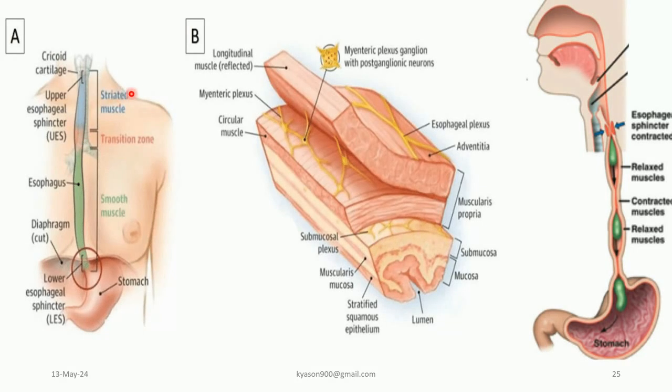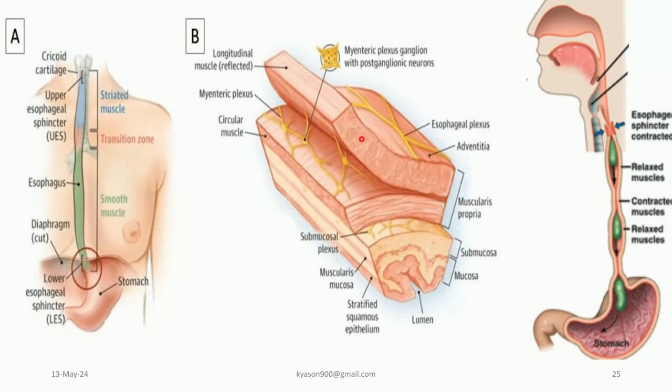The striated muscle fibers are the skeletal muscle fibers, and these can be controlled voluntarily to allow the swallowing reflex to go on. That's why you can initiate swallowing right now. You can control it voluntarily because of these striated muscle fibers in the upper part of the esophagus.